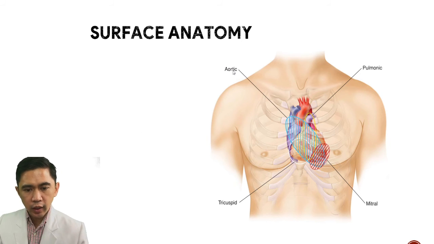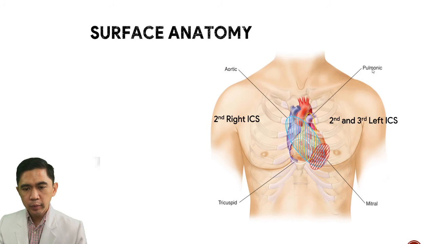In auscultation of the heart, we are actually listening to the different sounds produced by the different valves. So for the aortic valve, we could appreciate it if we put our stethoscope in the second right intercostal space over here. The pulmonic valve, we will appreciate it if we put our stethoscope in the second and third left intercostal space.